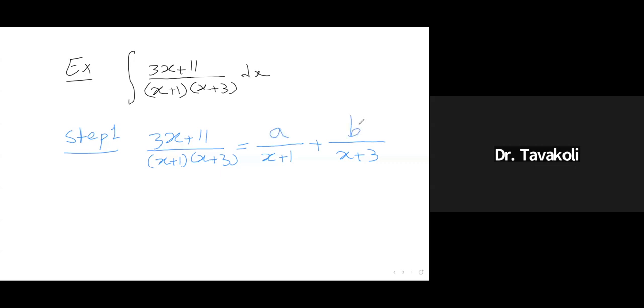So I want to find what are the values of a and b such that the two sides, no matter what x is, are equal. So let's find the common denominator on the right side. The left side is as it is, 3x plus 11 over x plus 1 times x plus 3.